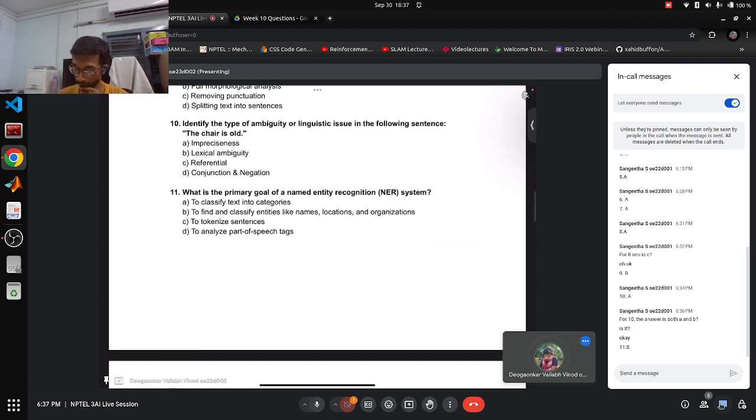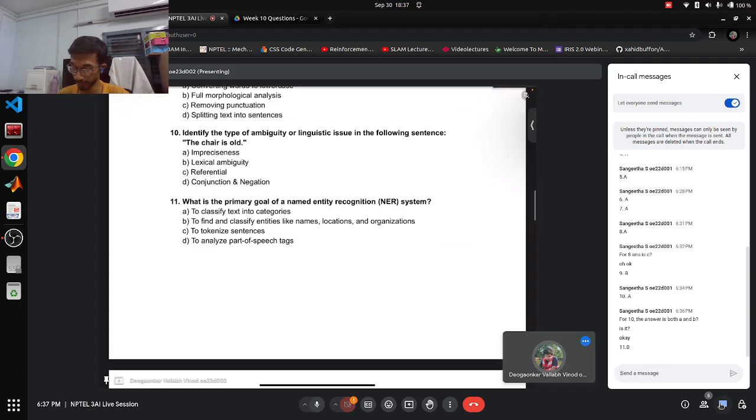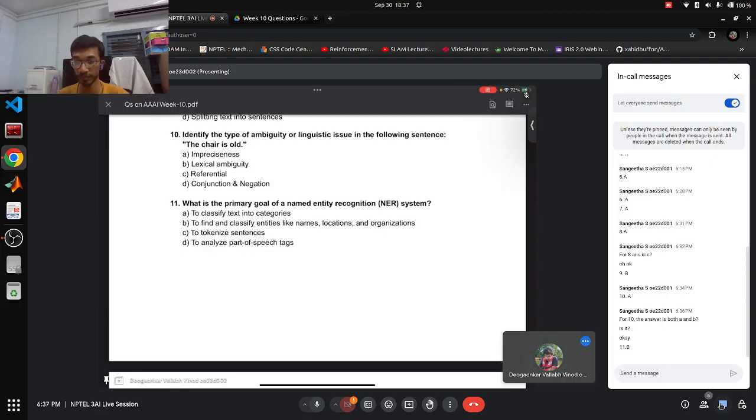Yeah, so for the 11th question, what is the primary goal of a named entity recognition system? The answer is B, to find and classify entities like names, locations, and organizations. For example, an organization such as Pepsi.